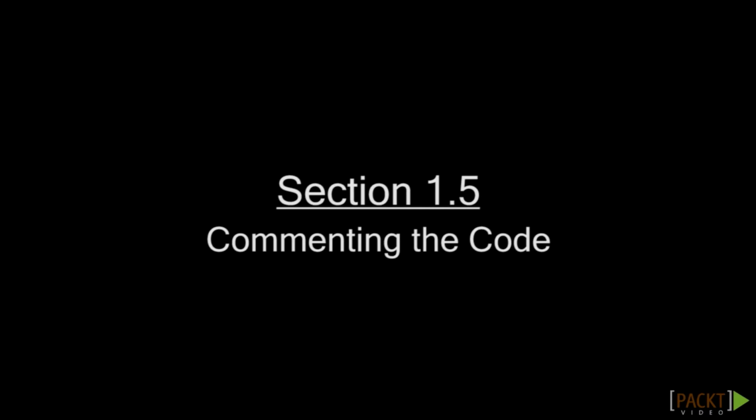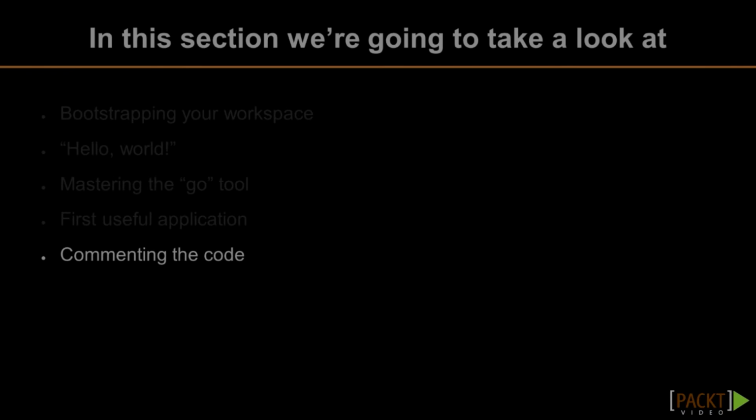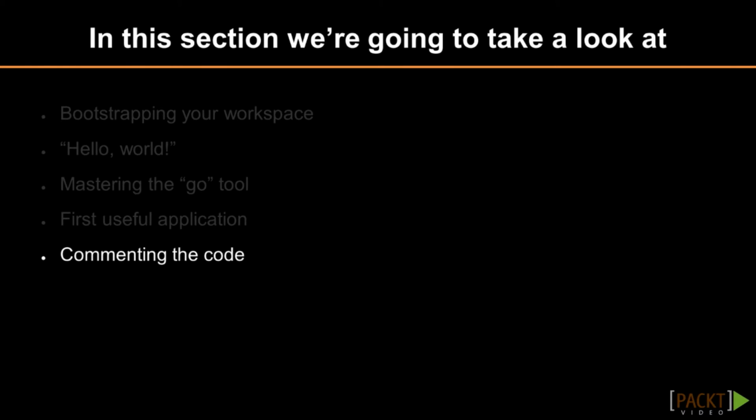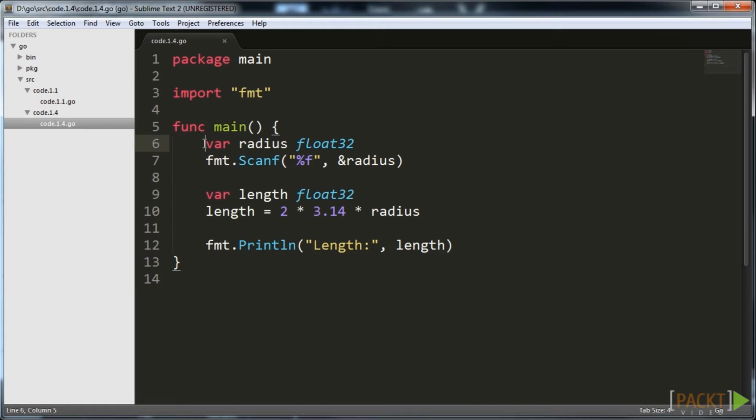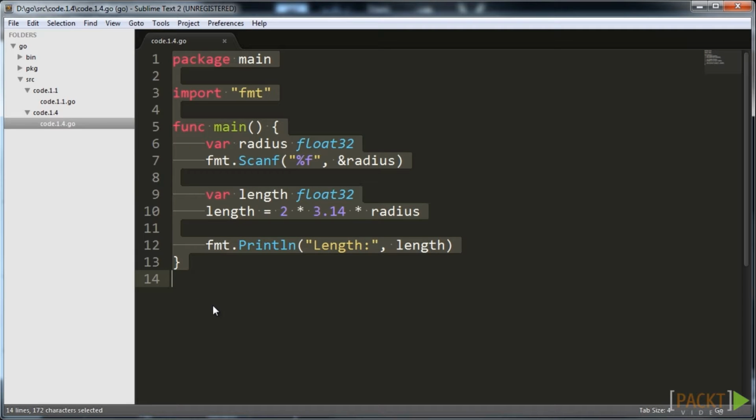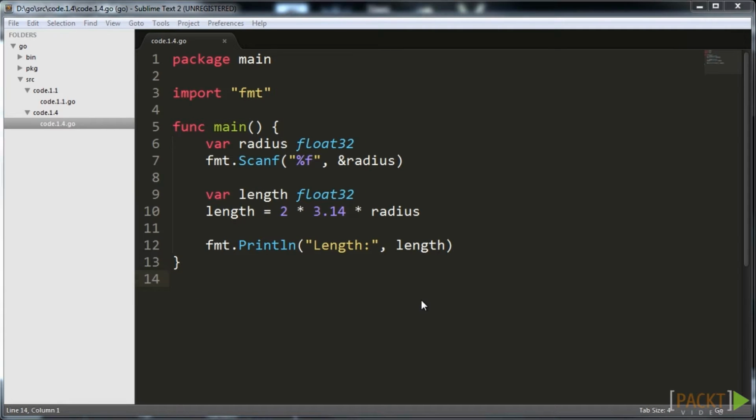The previous section provided you the first useful application, and you've encountered some new syntax and concepts you didn't know before. New things like variables, new functions like Scanf, and new syntax elements like the ampersand, which I intentionally skipped explaining, were also introduced, and I've explained each row of code for you.